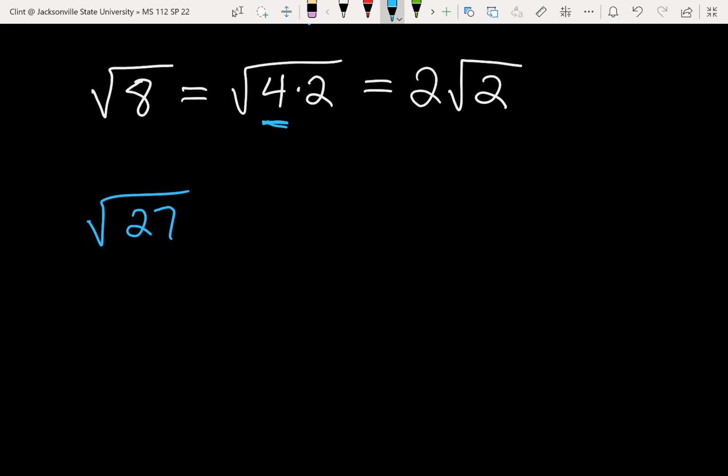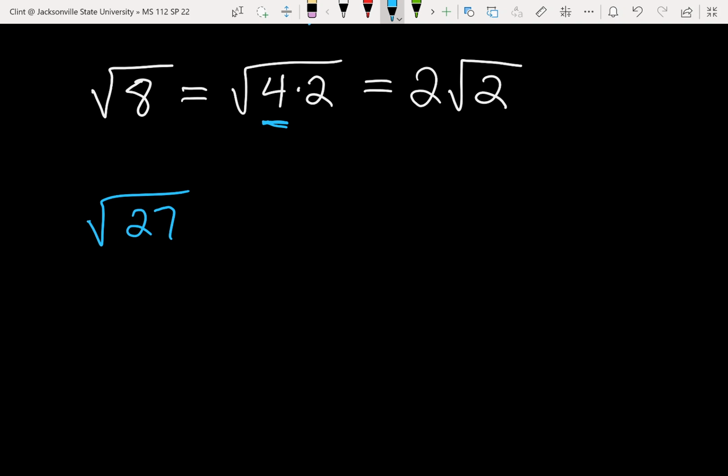I want to simplify this. So instead of looking for perfect squares, another way to do a very similar approach, a little bit more, in my opinion, is to take this number, this 27, and break it down into its prime factors. We're going to factor it down as much as we can.